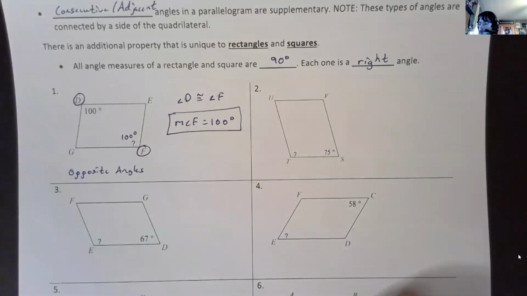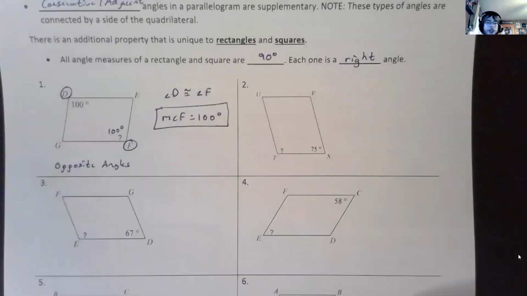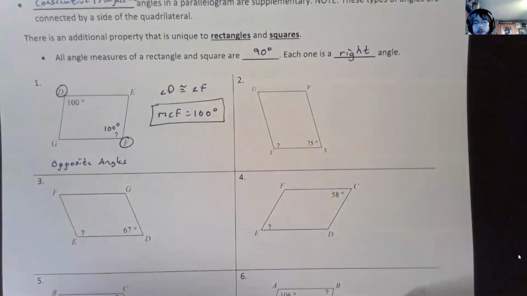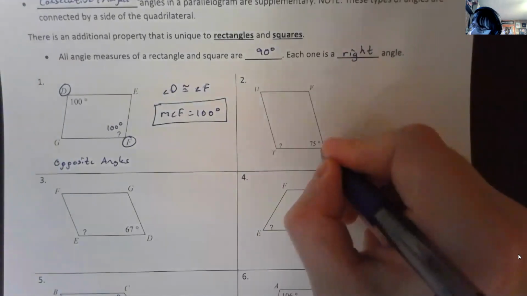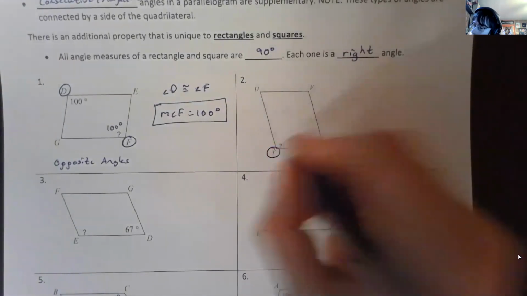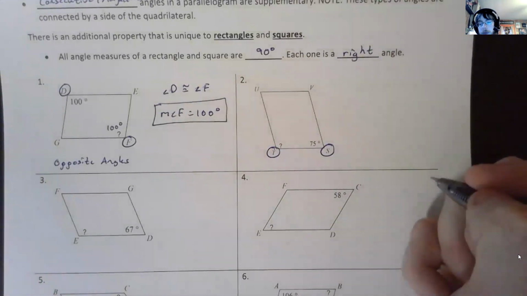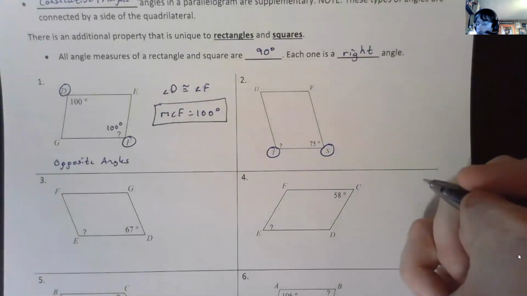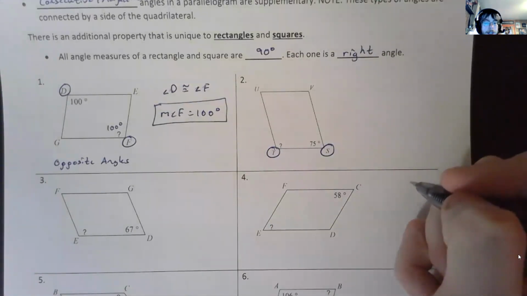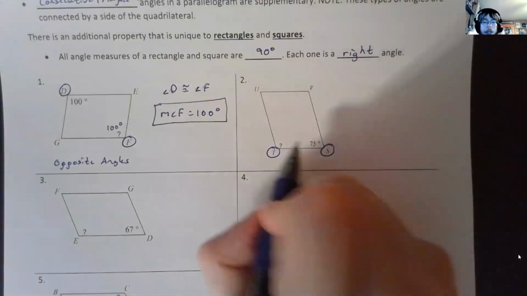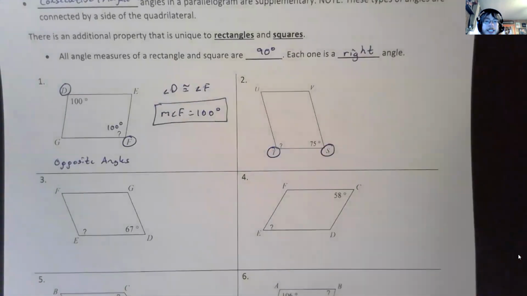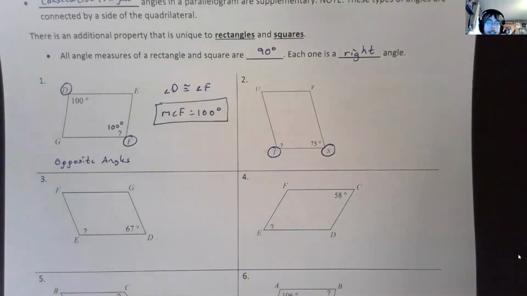All right, let's look at number 2. Number 2, we're given angle S, and we want to find angle T. And so again, since this is a parallelogram, we're going to determine, are these angles opposite or are they consecutive? Well, T and S, for them to be consecutive, they have to be directly connected by a side of the quadrilateral.